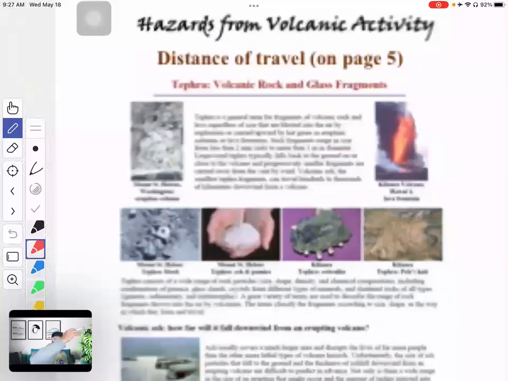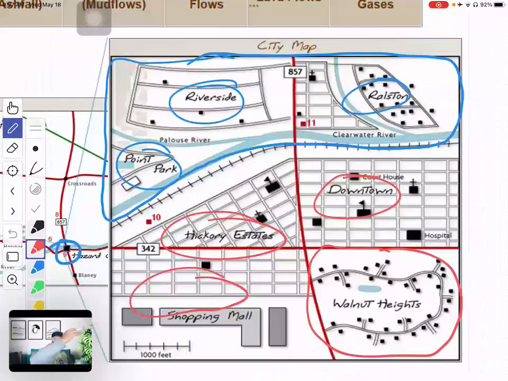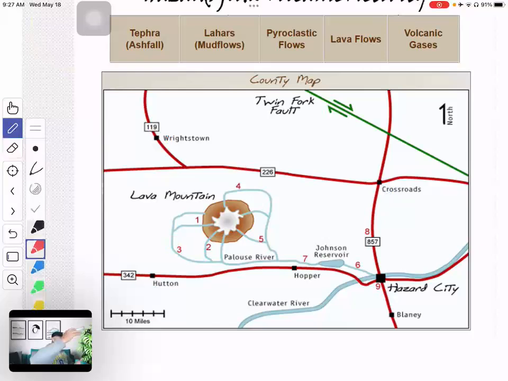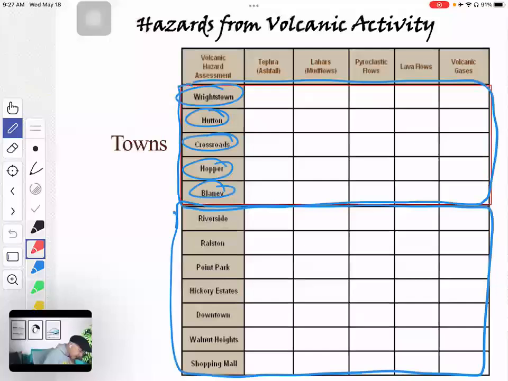So if you go back to the map, we're going to see that there are numbers. You see those numbers in red all across the map. Okay. You see number 1, 2, 3, 4, 5, 6, 7, 8, 9, and in Hazard City as well.